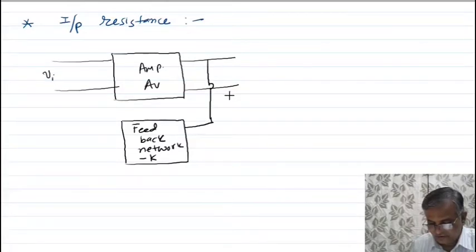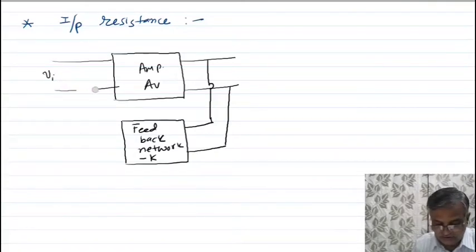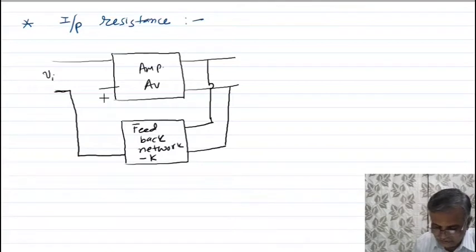This feedback is given in voltage series, so it should be in series. So I have to connect it in this way. So look here. This is the block diagram of a voltage series negative feedback.